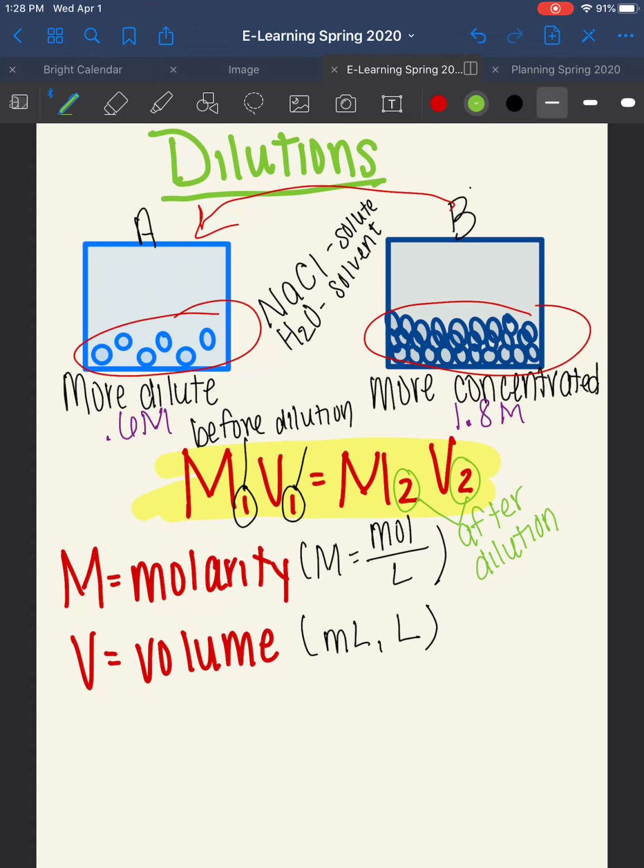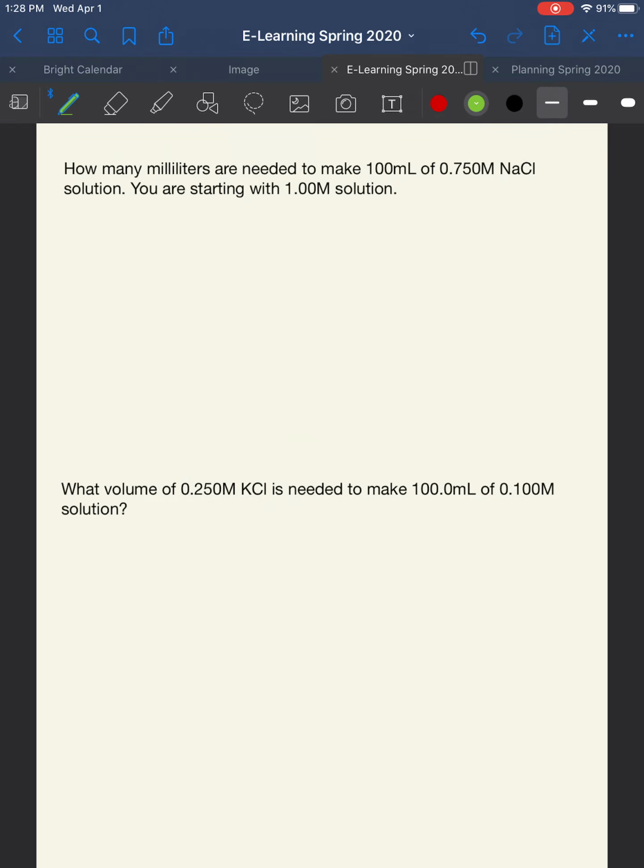Let's go over a couple of sample questions. The first sample question says, how many milliliters are needed to make 100 milliliters of a 0.750 molar sodium chloride solution? You are starting with a 1 molar solution.